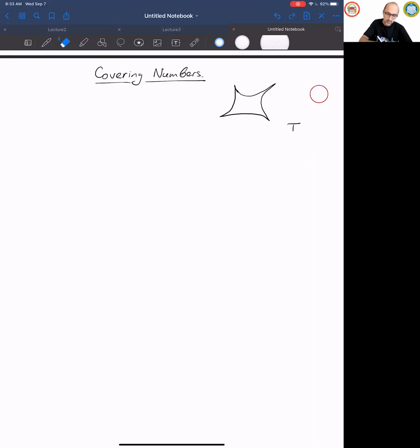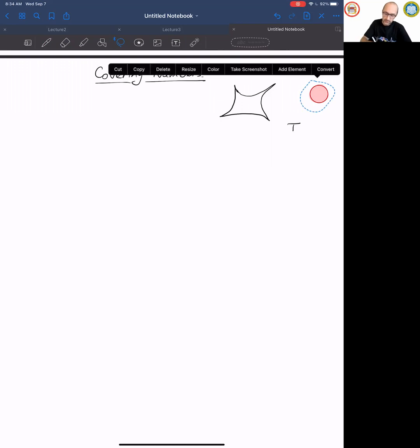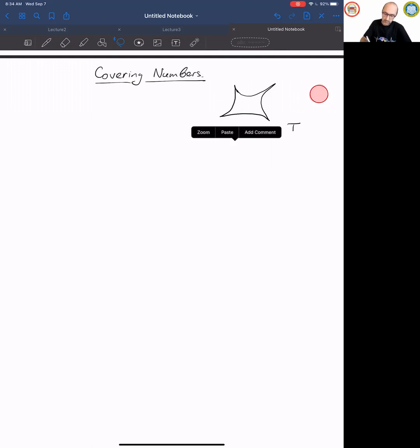So here we go. This is one thing, and how many balls do we need in doing so? This is called the covering number of T. So let's compute the covering number of T. Let me try to do this as we speak. We try to cover T with these balls. Let me do my best. Like this.